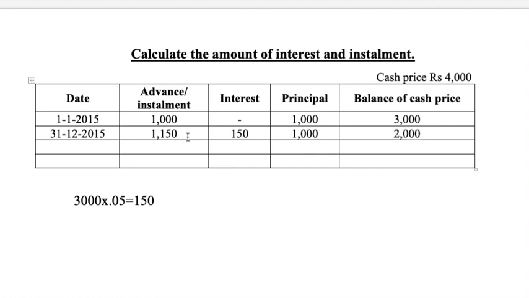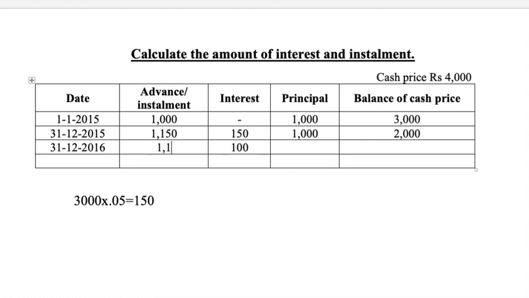Now the second installment he is going to pay on 31st 12 2016, right? Now what is the interest amount? Here it is 5% on 2,000 rupees, that is equal to 100 rupees. If it is 100 rupees, then when we include this in the installment amount, the installment is 1,000, so 1,000 plus 100 is 1,100.